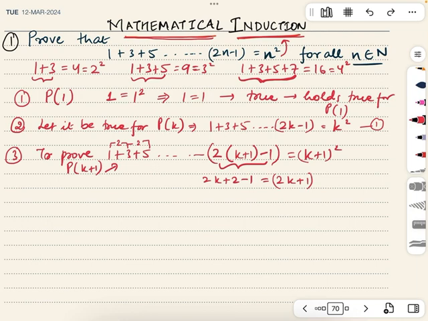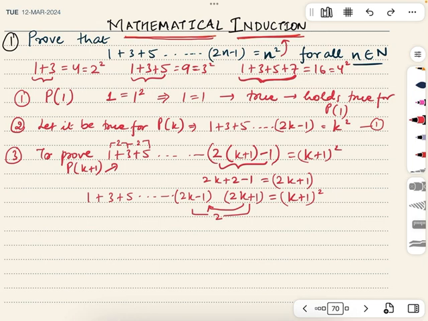So what I can write down is 1 plus 3 plus 5 and so on, and when the last term is 2k plus 1, the penultimate term will be 2k minus 1, right? Because the difference of 2k minus 1 and 2k plus 1 is plus 2. This should be equal to (k plus 1) whole square.